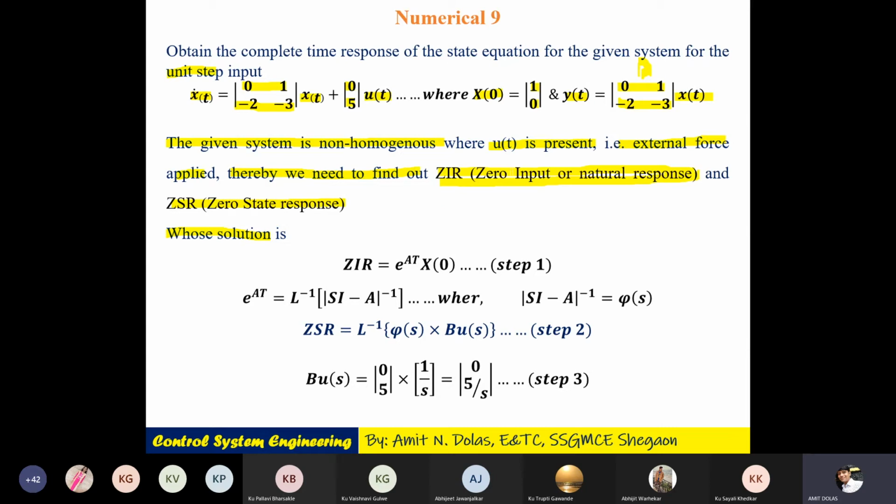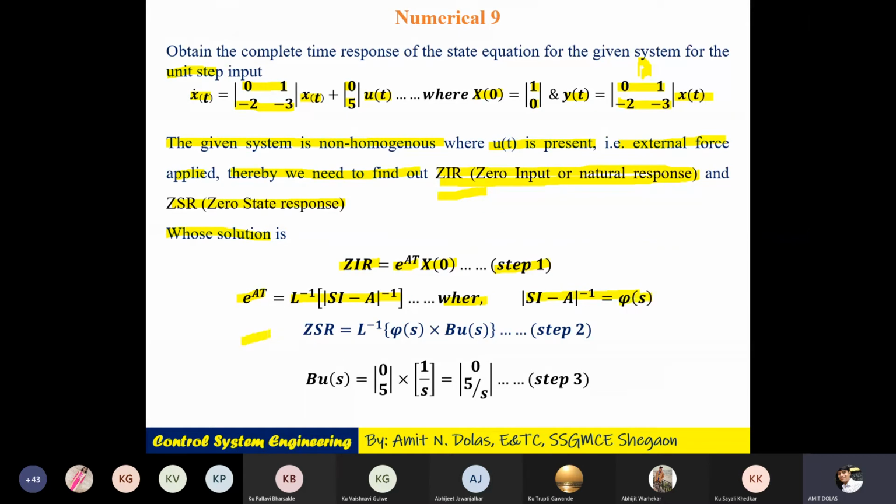So what is the solution? For that we will calculate the ZIR, that is the zero input response or natural response, which is nothing but e raised to power At into x of 0. This is step 1. Here e raised to power At is the inverse Laplace transform of (sI minus A) inverse, where this (sI minus A) inverse is nothing but phi of s.